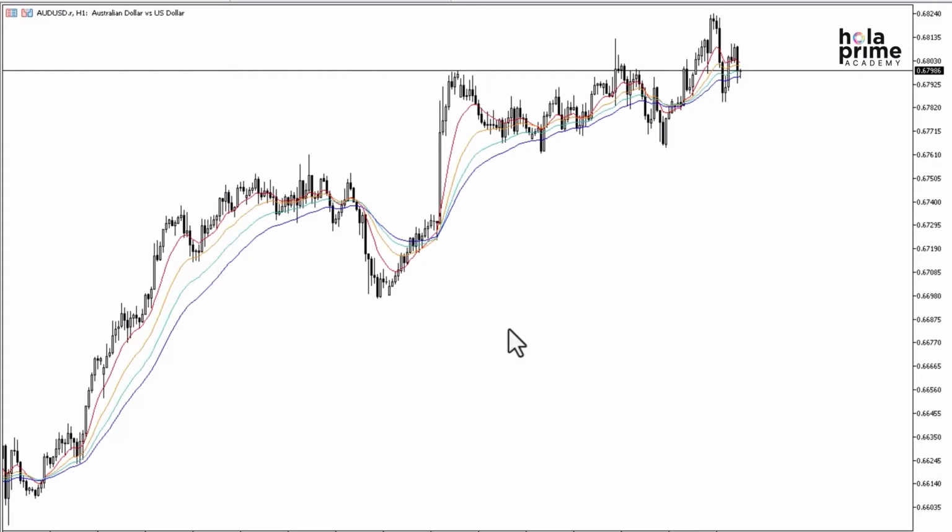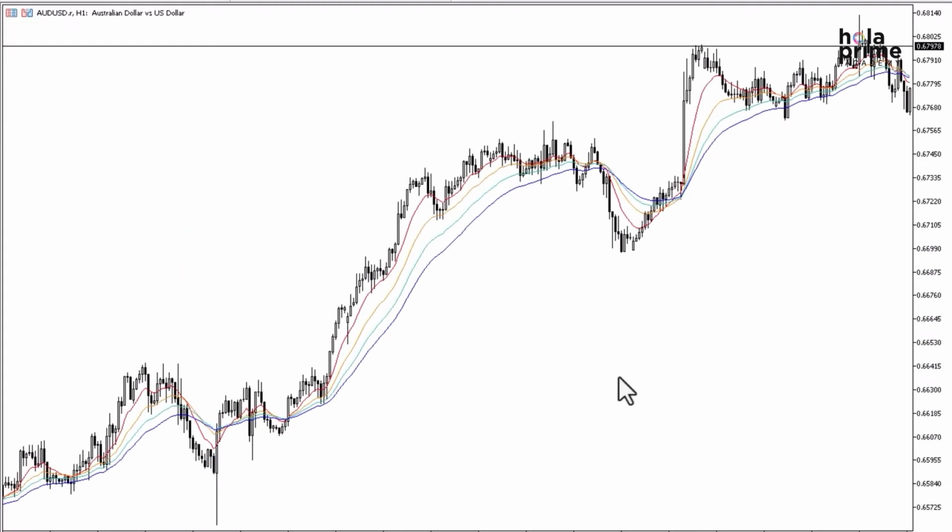The red is the 10, the orange is the 20, the green is the 30, and the blue is the 40. As you can see, there are times when all four moving averages move in the same direction and spread out quite nicely. There are also times where they cross each other.